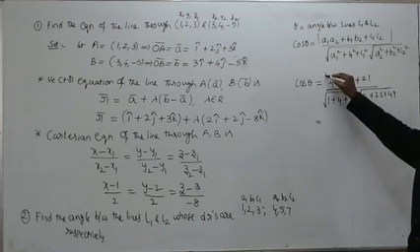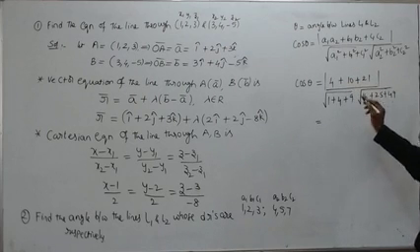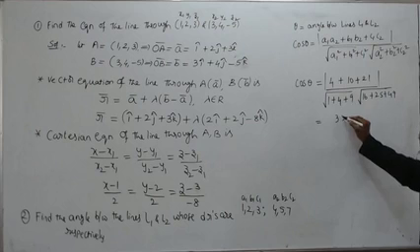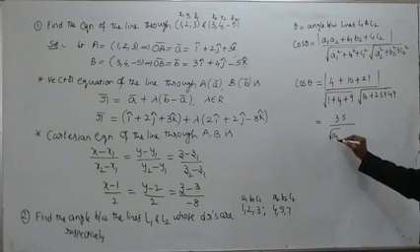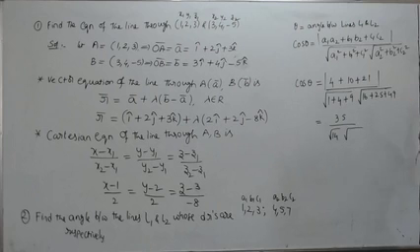So the numerator, we take the modulus only, no? So 4 plus 10 plus 21, 35, divided by 9 plus 4 is 13, 13 plus 1 is 14, root 14, into here 16 plus 49 is 65, 65 plus 25, what you will get, 90.